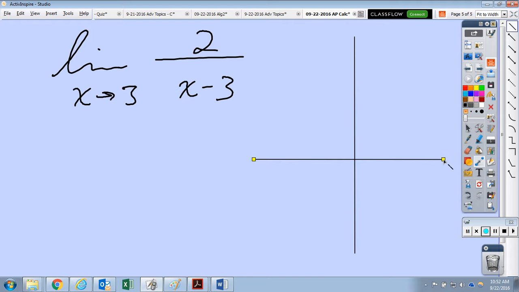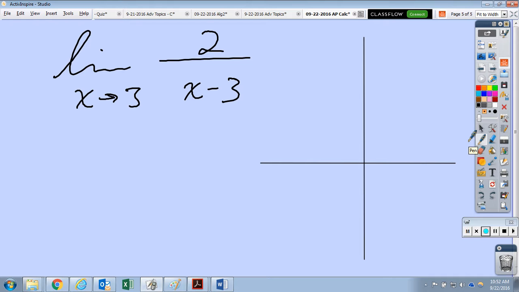Very clearly you can see that there's no way to remove x minus 3. So this being said, there would definitely be a vertical asymptote.